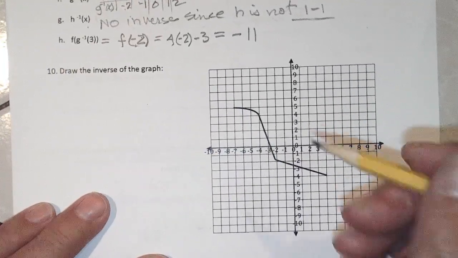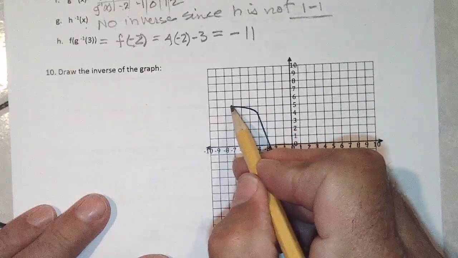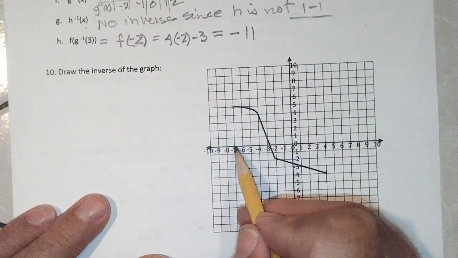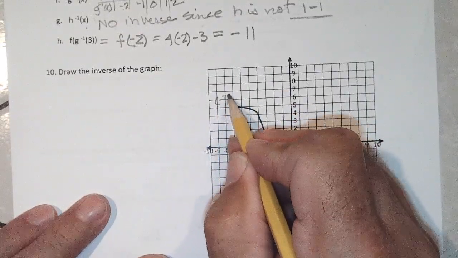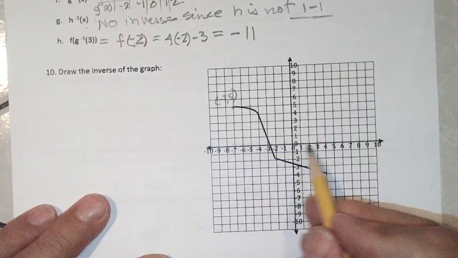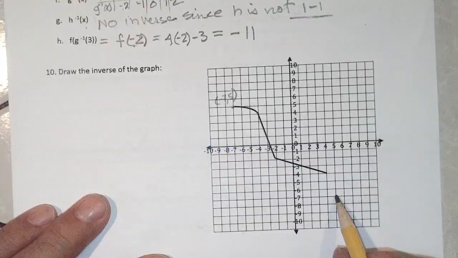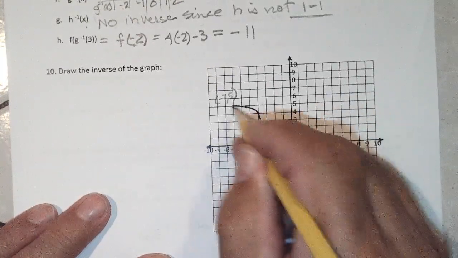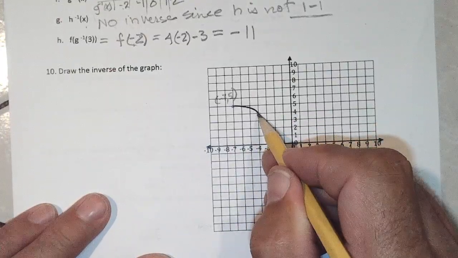To draw an inverse graph, find some nice points, like this one. This graph starts at negative 7, 5. So the inverse of that point would be 5, negative 7. This point kind of does a nice arch to that point, and that's minus 4, 4.